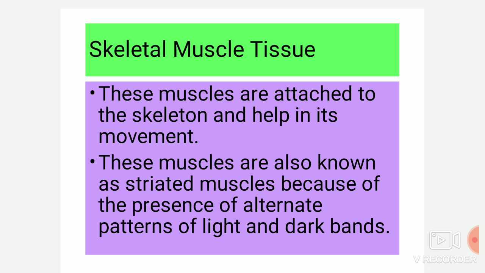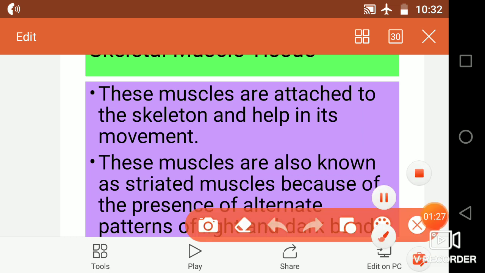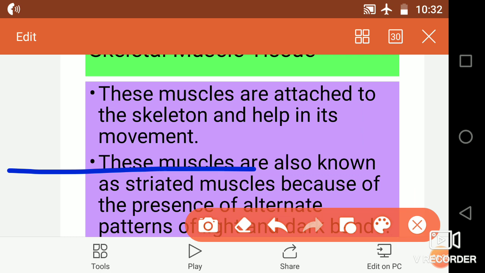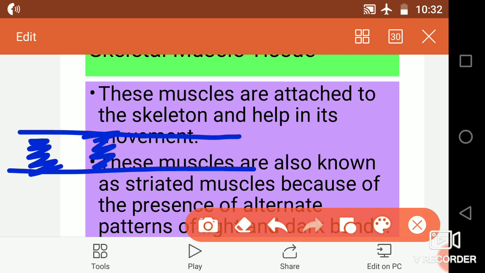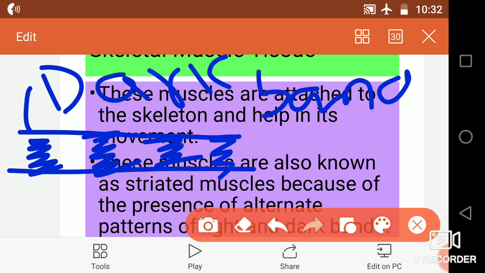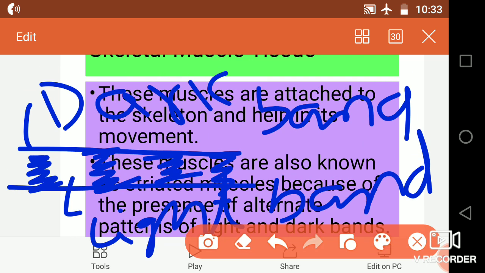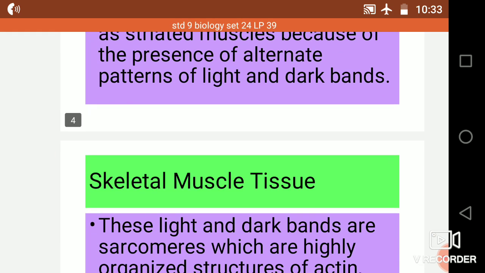So this is the dark band, and this one is the light band. Due to this, they are termed striated muscles.